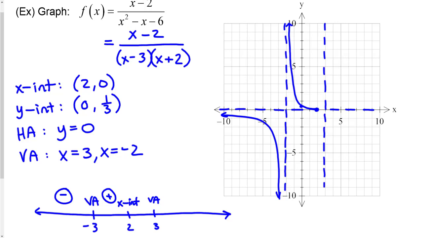If it was multiplicity 3, the graph would pass through, but it would take its time. So in the end, if a 0 had odd multiplicity, the graph would change signs. If you had even multiplicity, the graph would stay the same sign. So the same thing happens with these rational functions.